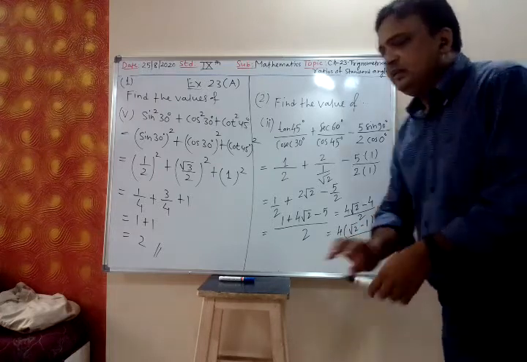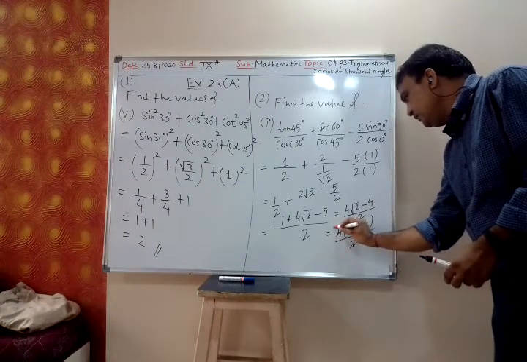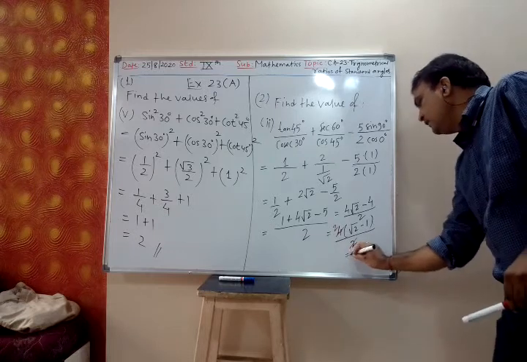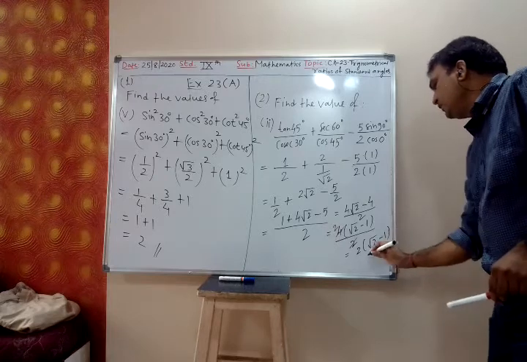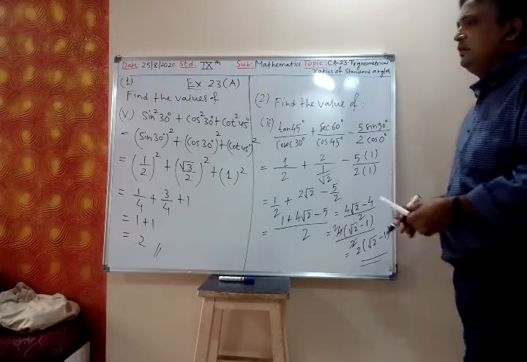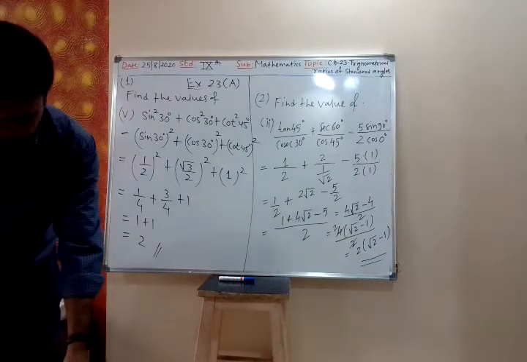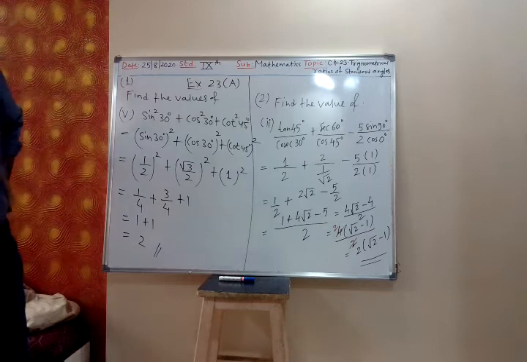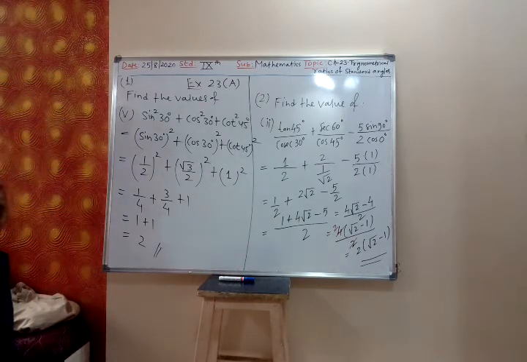Then I can cancel this 4 with 2. So 2 twos are 4. So that is 2 into root 2 minus 1. This is the answer: 2 into root 2 minus 1. Yes, you can open the bracket. So in this, you have to just put the value and simplify.